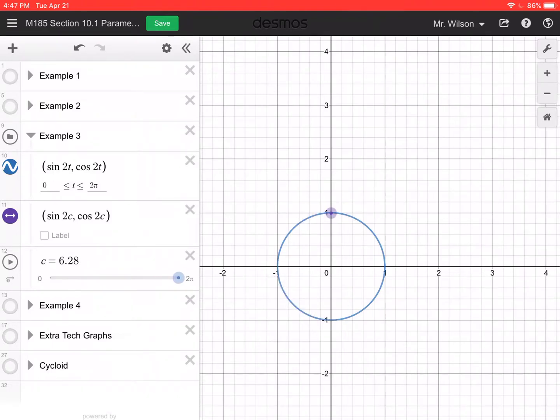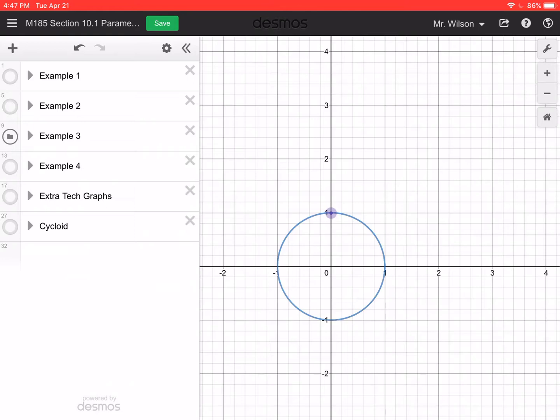One important thing to mention is the difference between these two, because notice in both of these examples we traced the same curve. We traced the unit circle both times. But these parametric equations are still different.